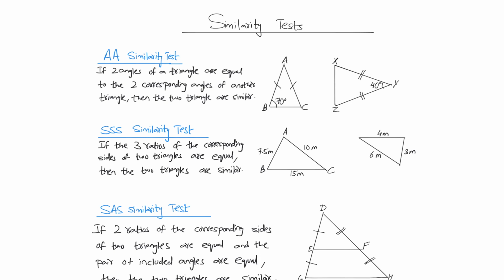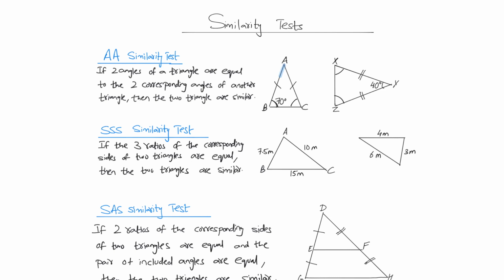Now, when we are talking about similar triangles, if two angles of a triangle are equal to the two corresponding angles of another triangle, then the two triangles are similar, which means that if two angles in this triangle are equal to the two corresponding angles of this triangle, then the two triangles are similar.